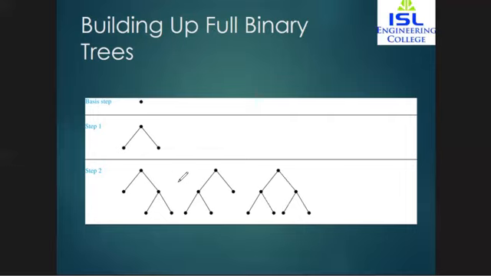Now the same way we will also have extended binary trees. So extended binary trees can be defined recursively by these steps. The first will be the empty set as a basis step.